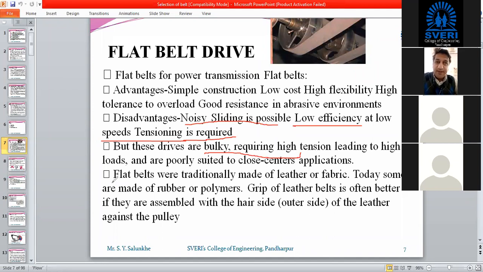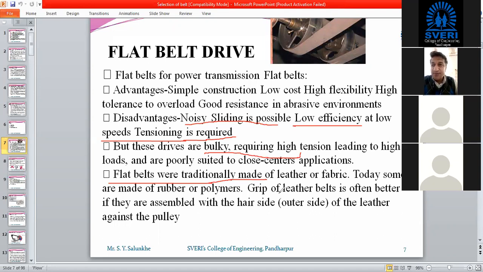Then these flat belts were traditionally made from leather. If we see the material from which flat belts are manufactured, in old days they were manufactured from leather or fabric. That fabric may be cotton, or some artificially made fabrics like resin and so on.